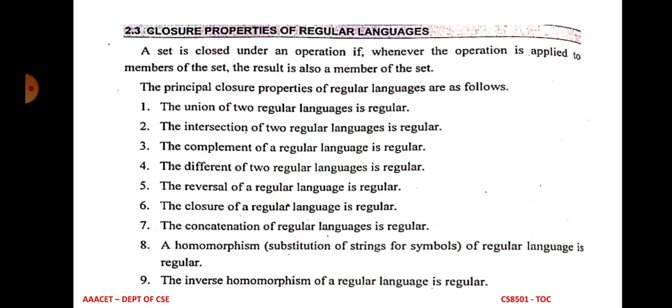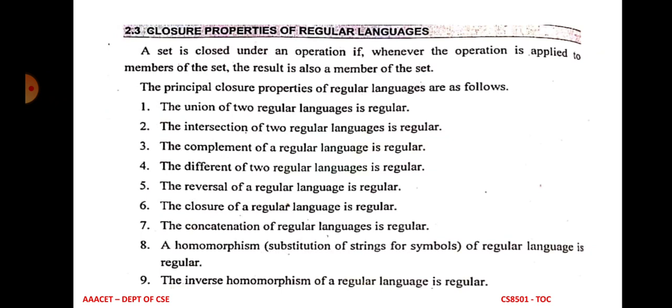Consider an example of two sets. For example, capital A is equal to the set {1, 2, 3}, and capital B is equal to the set {5, 6, 7}. Sigma, the alphabet, is equal to the set {1, 2, 3, 4, 5, 6}. Sigma consists of 6 elements, and set A has 3 elements and set B has 3 elements.